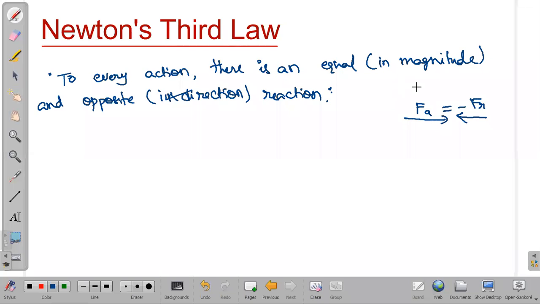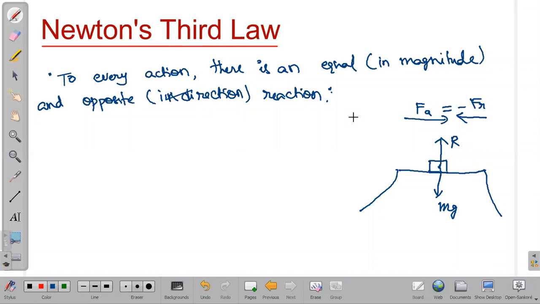The same example I just explained about normal force: if an object is lying there, what force is acting exactly vertically downwards? Gravitational force, or its weight, will be acting downwards. Exactly opposite to that, one force will be acting, which we call the normal reaction force. These two are the action reaction forces we can take.